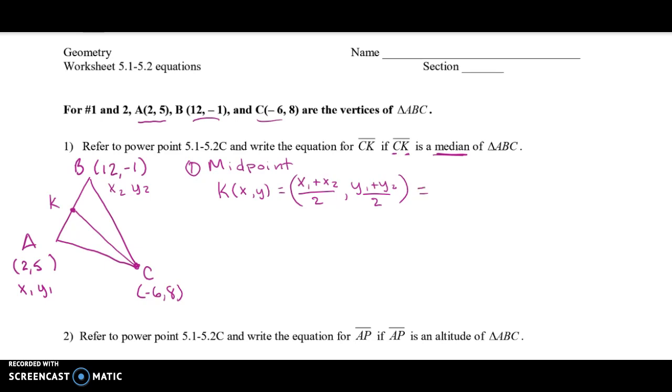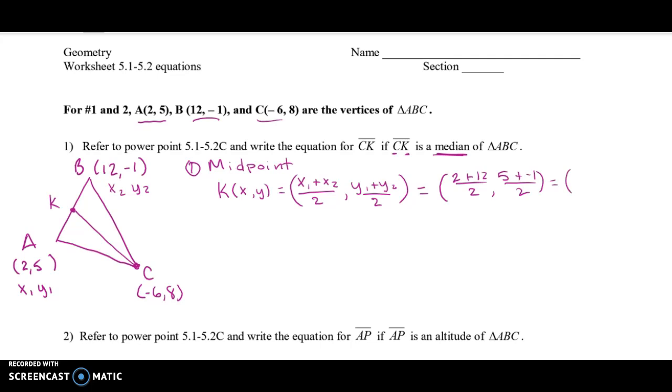If I continue on, this becomes x1 is 2, x2 is 12, divided by 2. And then for the y values, y1 is 5, y2 is -1, and then we divide by 2.